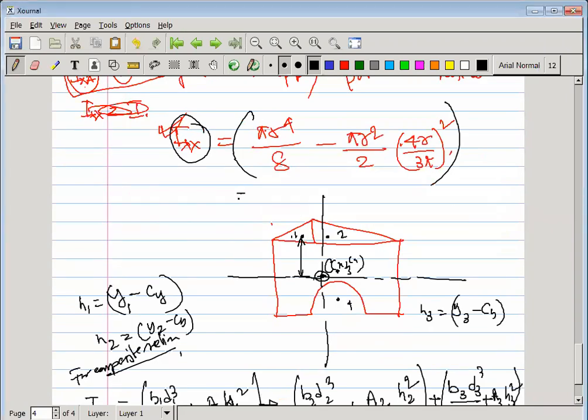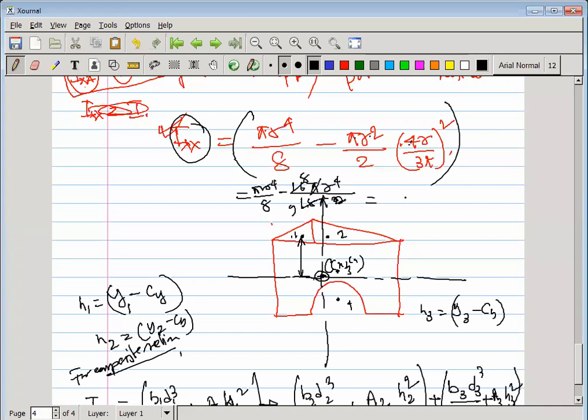Can anybody tell me how much it will be? 4 square, 16 square r square, so 16 pi r to the power 4 divided by 2 into 9, so 18 pi square, and here it is pi r to the power 4 by 8. So pi, if we deduct, 1 pi is there, and 16 by 18 we can reduce and write as 8 and 9.